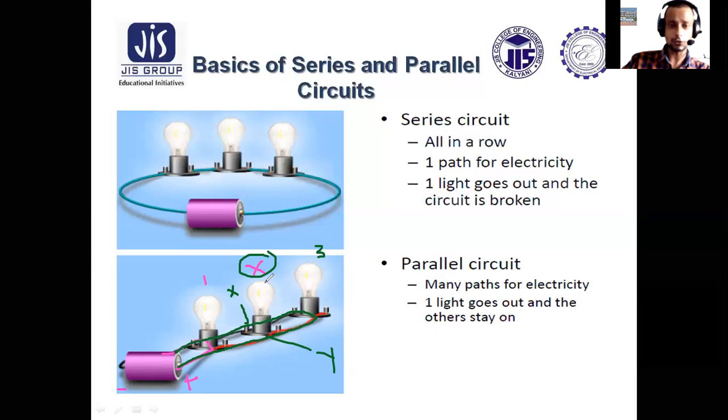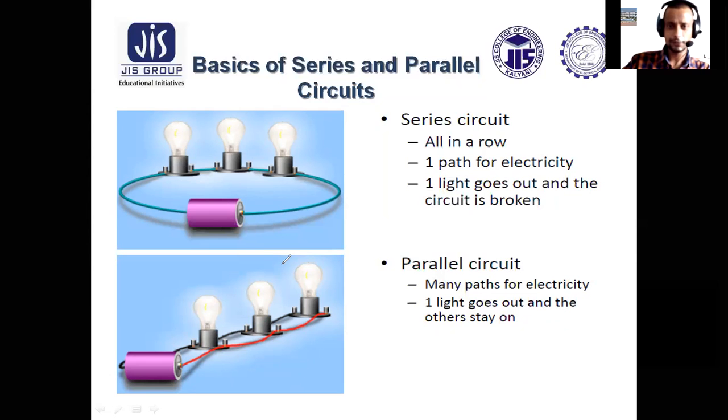Although this bulb is not working, the current through bulbs 1 and 3 will be continuously flowing. Only the current through bulb 2 will not be flowing. So in case of parallel connection, if one bulb blows, the remaining two will be unaffected.